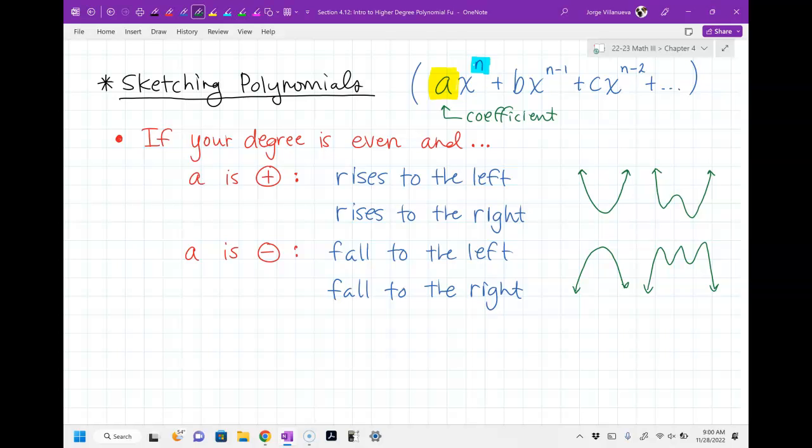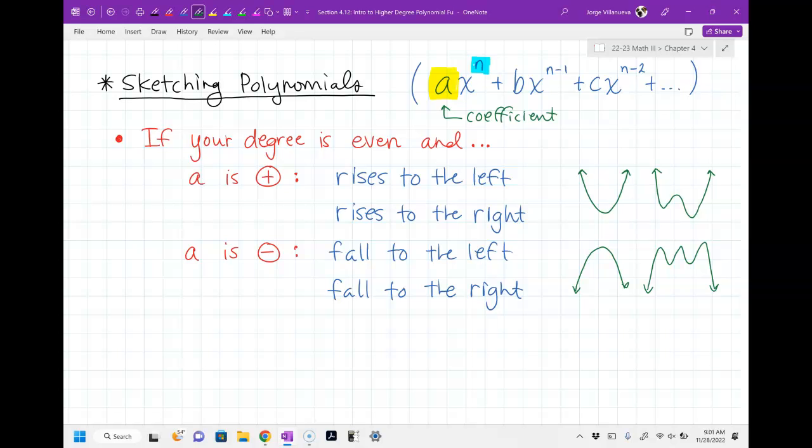One thing you can remember: if it's even, it either goes up, up, or down, down. It goes up, up if A is positive. It goes down, down if A is negative. So usually the even degree is easier because it goes either both up or both down. It just depends on your A term.